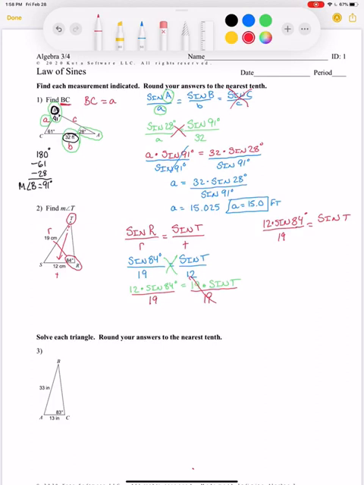Because I'm looking for an angle, I can't just divide. I have to take the inverse.